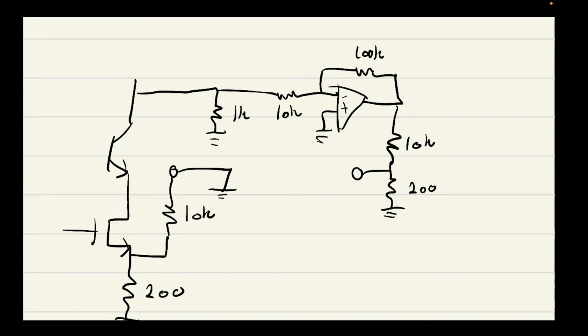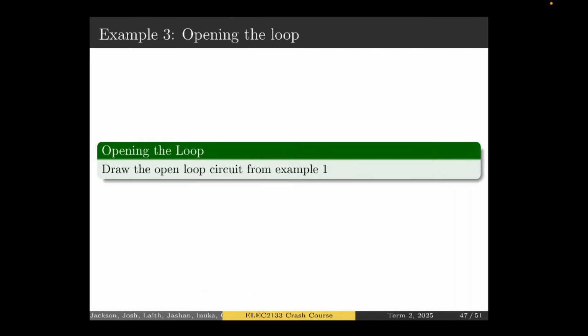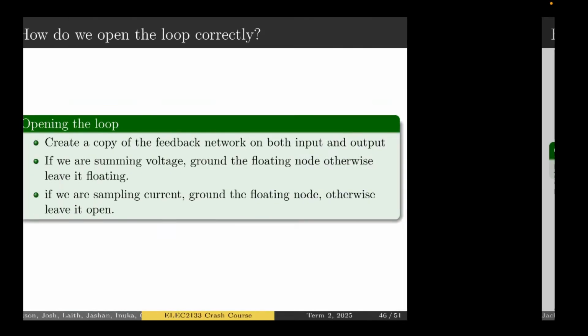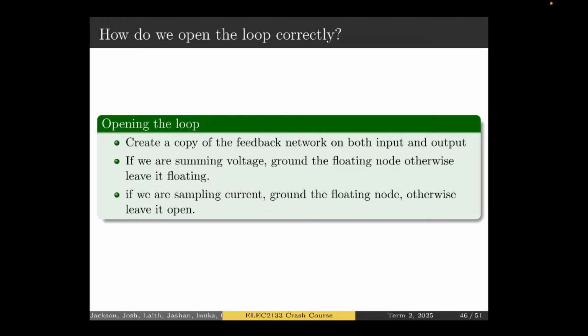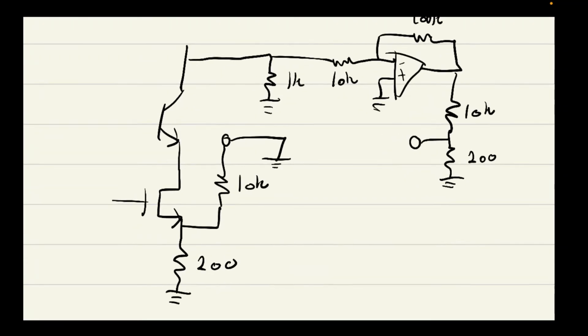I did say I wanted there to be some intuition behind this. If we think about it, we're sampling a voltage, so we want our resistance to be high, right? So we don't load the other circuit. So we'll leave this open. We want to sum a voltage over here, because the input voltage is right next to this.